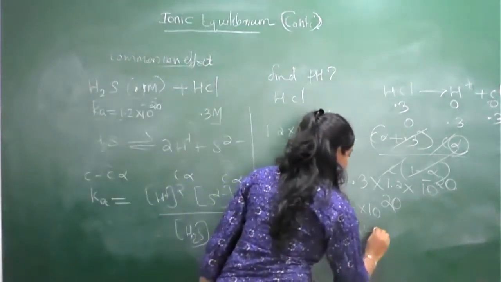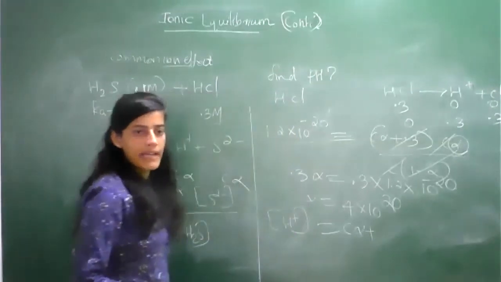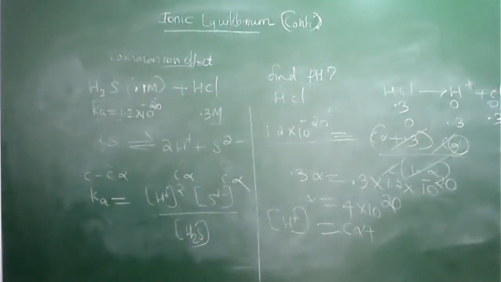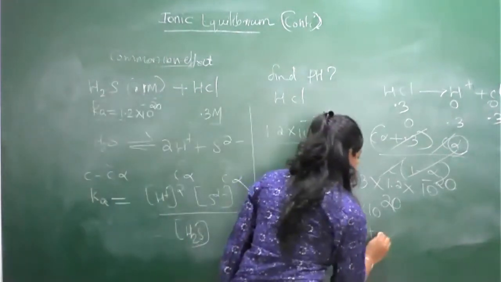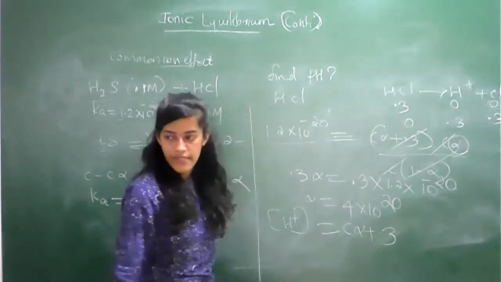See, C alpha plus 0.3. You want to combine the total, no? C alpha plus 0.3. So C, you want to substitute C. What about C?